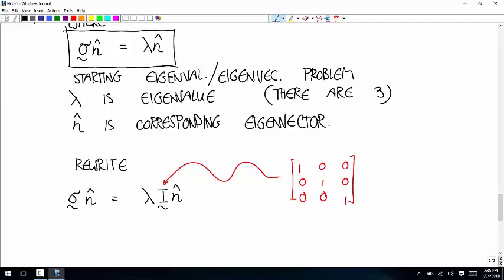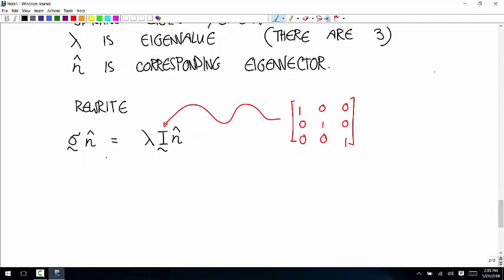What do you think happens if you multiply a vector times the identity matrix? You get the same vector, yeah. So that doesn't change anything about the formulation.